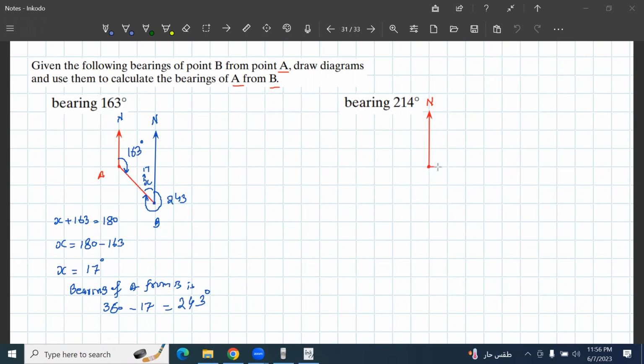So again, if we draw straight to the right, this is 90, this is 180, this is 270, and this is less than 270. So we can say that here. Now draw another north at this point.